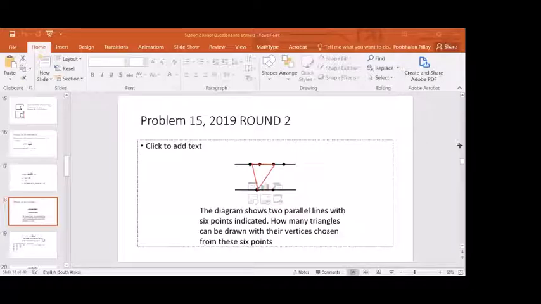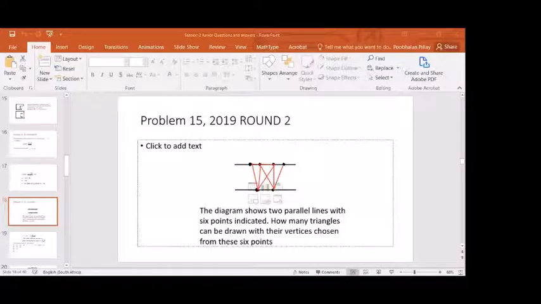So that's an example of a triangle. Or you could have one like this. See? Or you could have one like that. But as you can see, there are many, many triangles that you can draw.